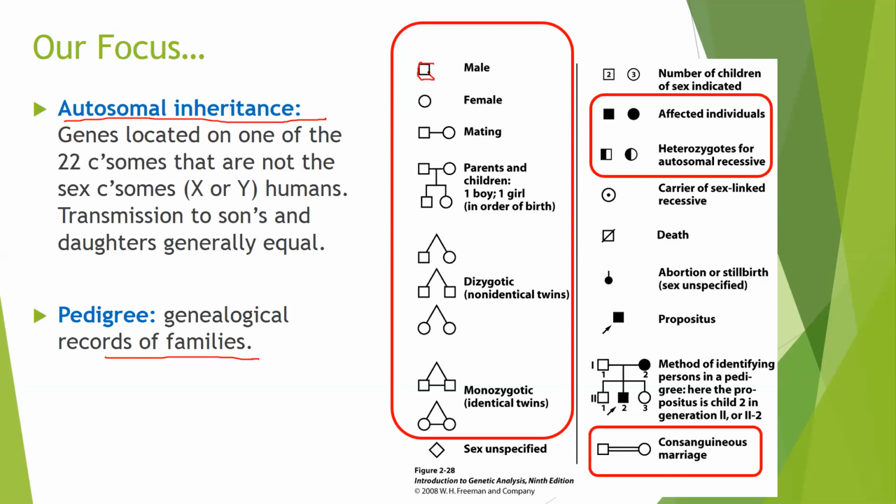We use the square to represent the male and the circle to represent the female, and the mating between them is shown using a horizontal line like this. A solid shape means the affected individual, and if you see this, it means it is a carrier, a heterozygous individual.